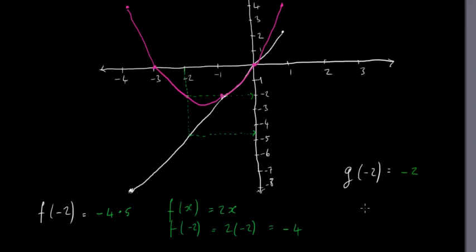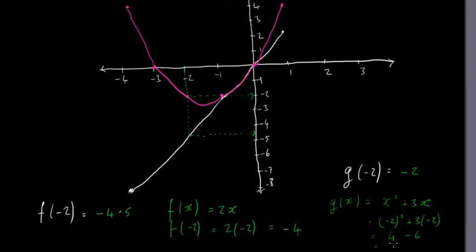So let's see, would that work? Well, my function g of x is x squared plus 3x. Now if I put minus 2 into that, minus 2 squared, plus 3 times minus 2, I'll get 2 2's are 4, and then here you get minus 6.